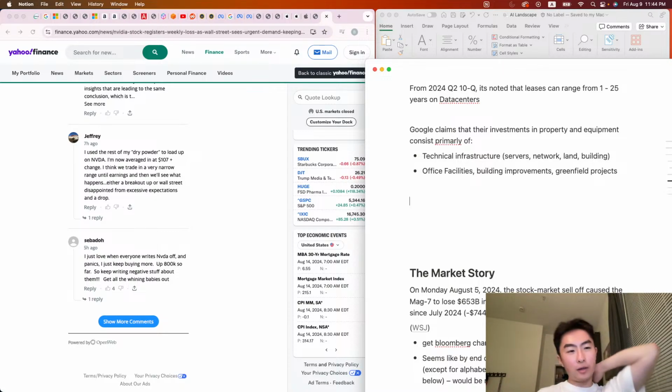I'm thinking, are we going to see just a complete ramp up in AI spend from enterprises?